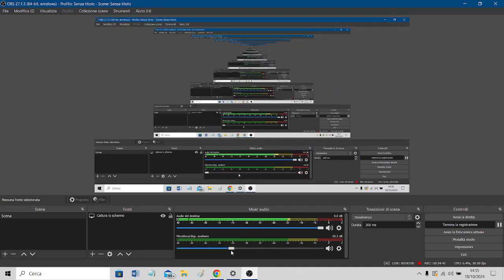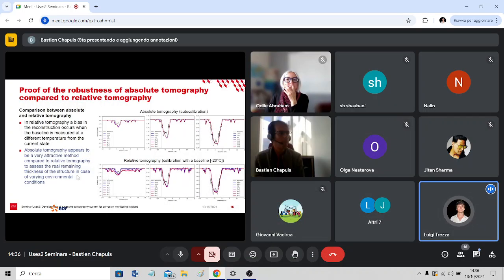Yes, sure. So the relative tomography means that you choose a specific baseline to do the calibration, right? Yes, exactly. And it produces an offset, basically. Yes. Okay. Whereas the auto calibration doesn't let you depend on a specific baseline.